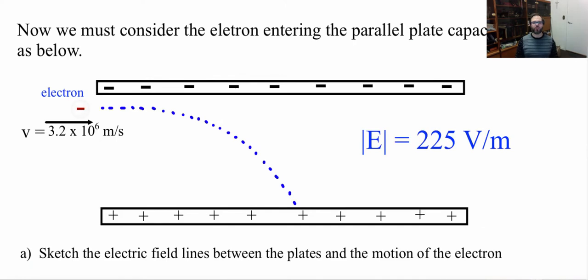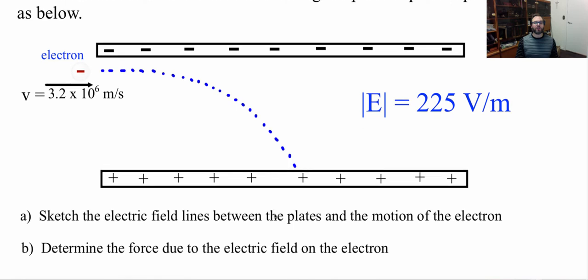For our last question, we're going to attempt a question where we do not know the acceleration of this electron due to the force, but instead we know the strength of the electric field. Now using the strength of the electric field, this could help us figure out my electrostatic force between the two parallel charged plates.